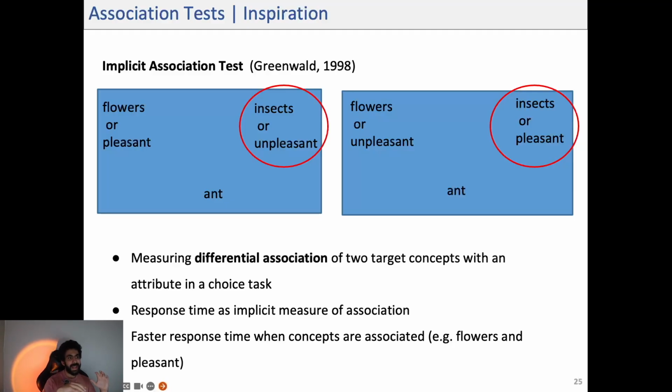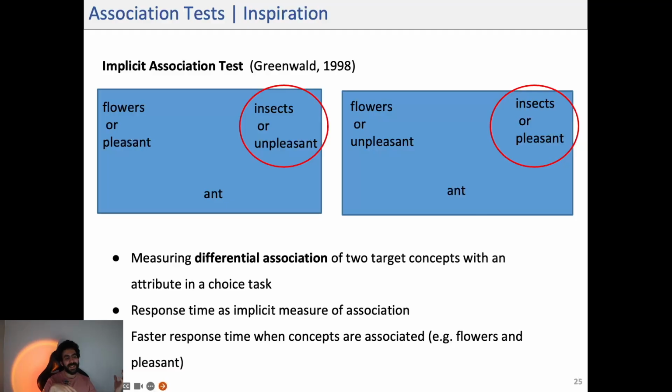In this setting, ant is more quickly associated with insects or unpleasant because those categories feel more intuitively linked to most people. Then in the second version, the categories are just flipped. So insects is now paired with pleasant, and suddenly people are slower to respond. Why? Because the combination does not really align with our internal biases, right?